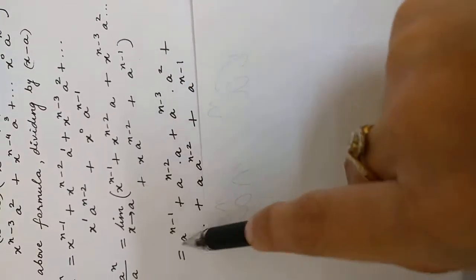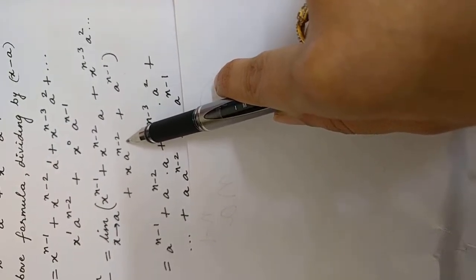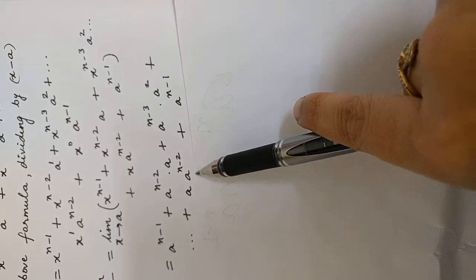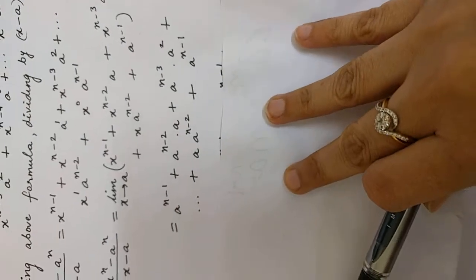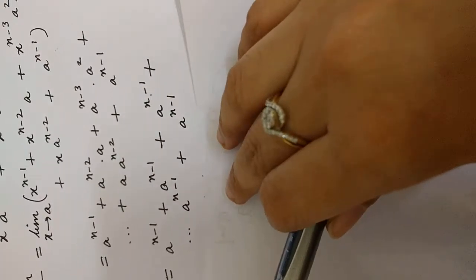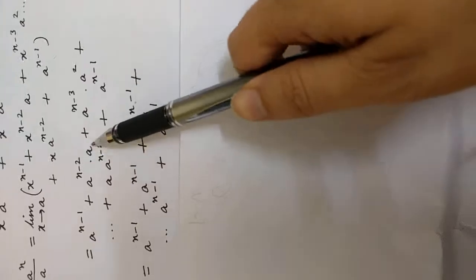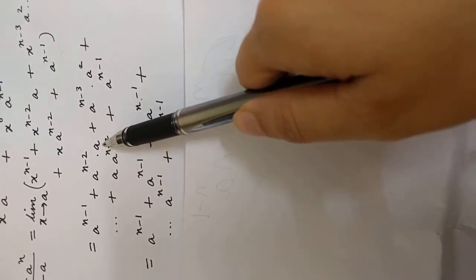So a to the power of n minus 1 plus a to the power of n minus 2 into a plus a to the power of n minus 3 into a square, and so on, up to a to the power of n minus 2 into a plus a to the power of n minus 1, equals a to the power of n minus 1 plus a to the power of n minus 2 into a.